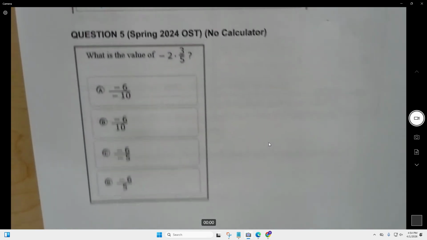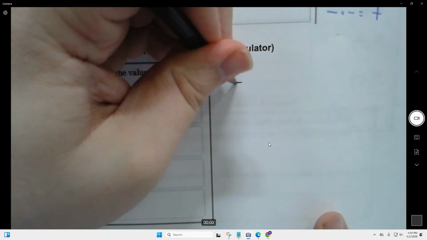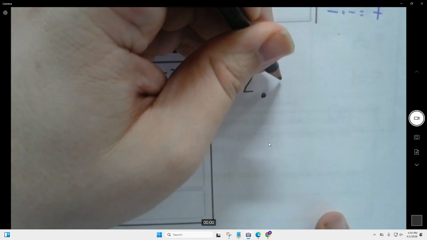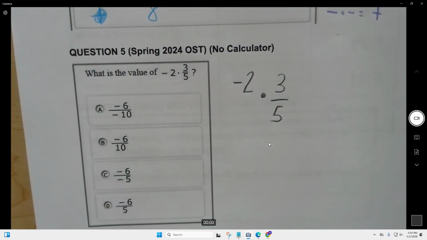Question 5. What is the value of negative 2 times 3 over 5? Multiplying a number by a fraction. We went over this, I believe, in the EE problems.